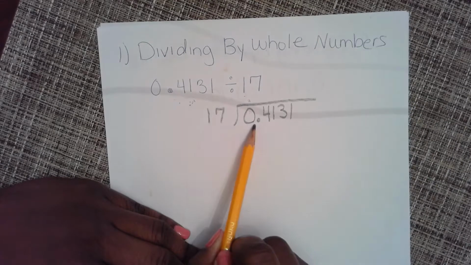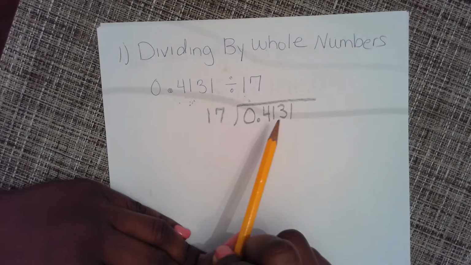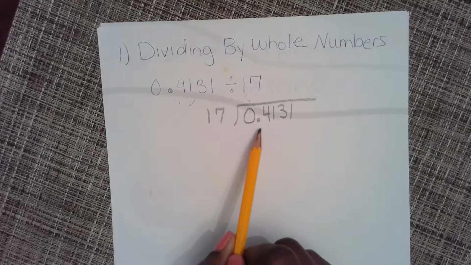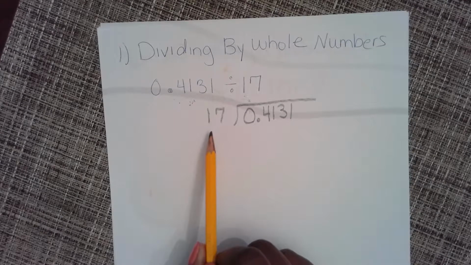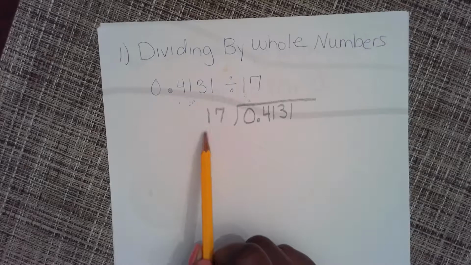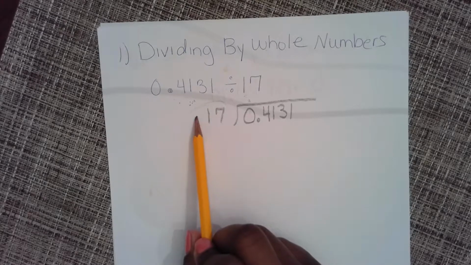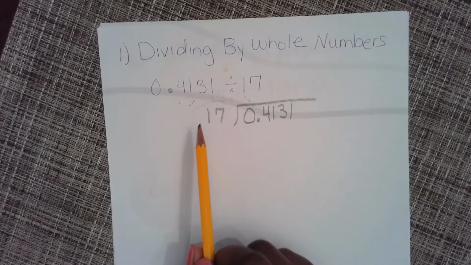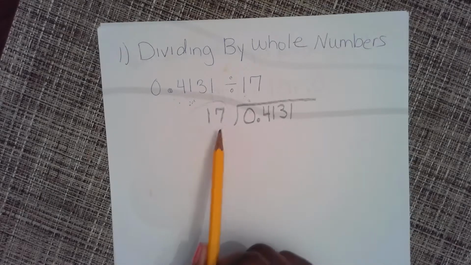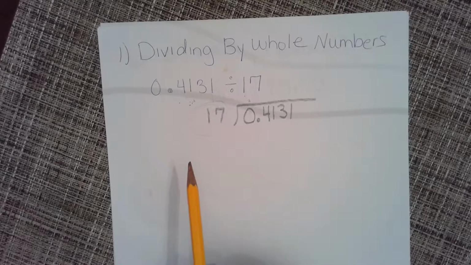So dividend, divisor, we're essentially dividing a decimal by a whole number. So in this case, there's no need because your divisor cannot have a decimal. If it did, you would have to take extra steps to make sure your divisor does not have a decimal.